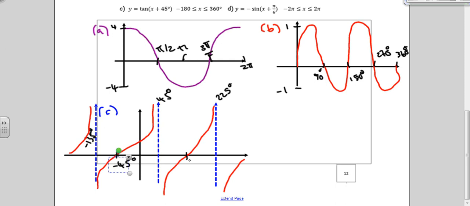Here, usually that would be at 180 degrees, but now it's at 135 degrees. So that's about as much information as we need on the graph, except for we would have a cross in the axis here, which would happen at 315 degrees.